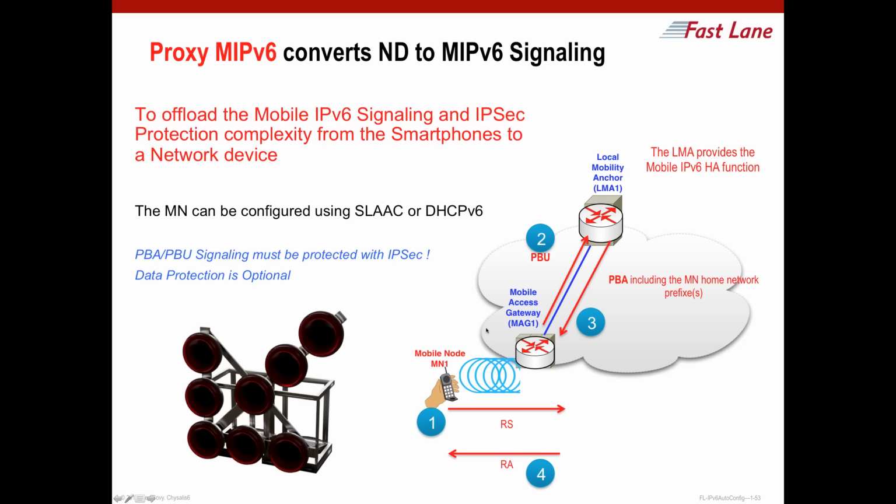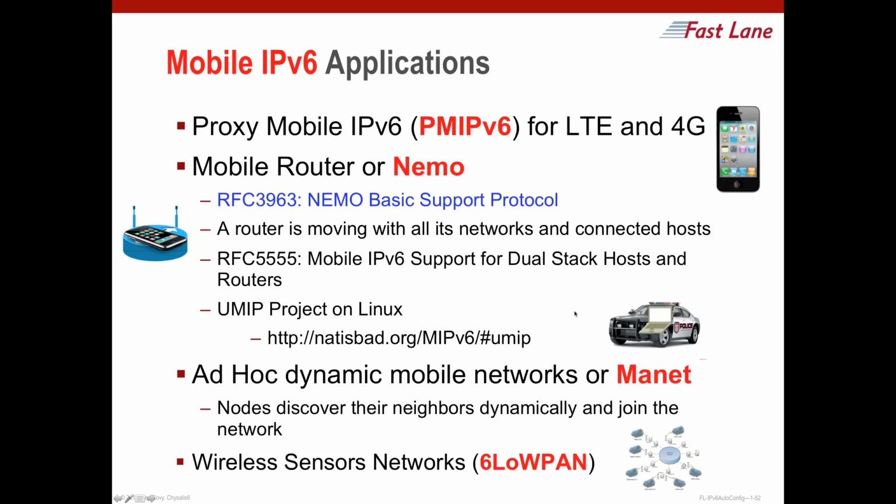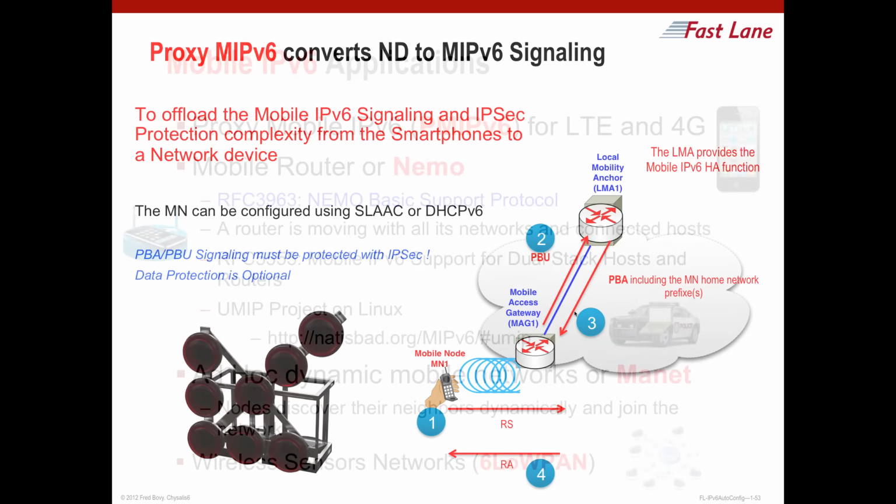It is managed by the Mobile Access Gateway with the home agent, which is renamed the Local Mobility Anchor here. So we see that we check the identity of the mobile node, then we send a binding update and a binding acknowledgement, but with a P for proxy. So it is a proxy binding update and a proxy binding acknowledgement, but it is the same mobile IPv6 protocol actually.